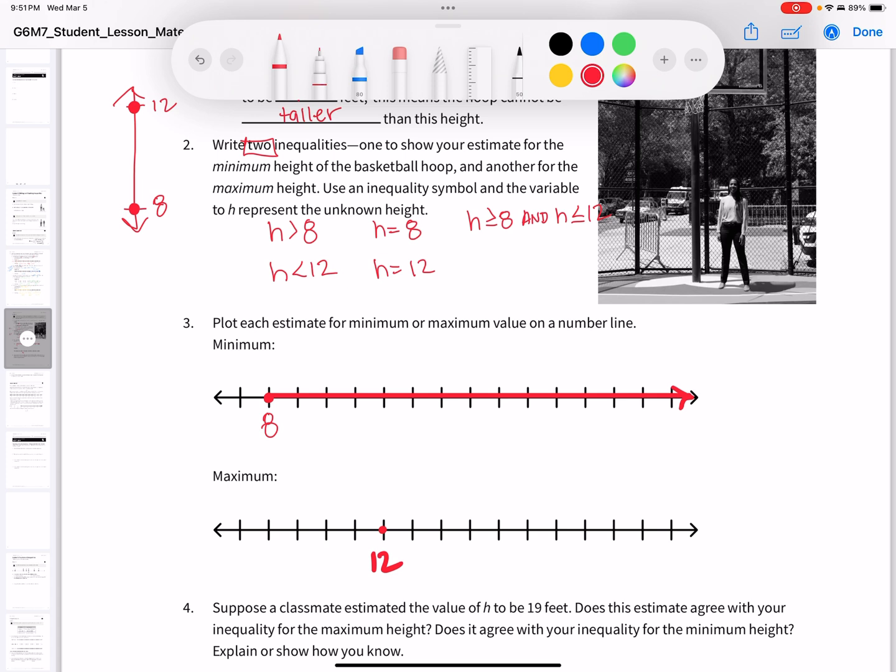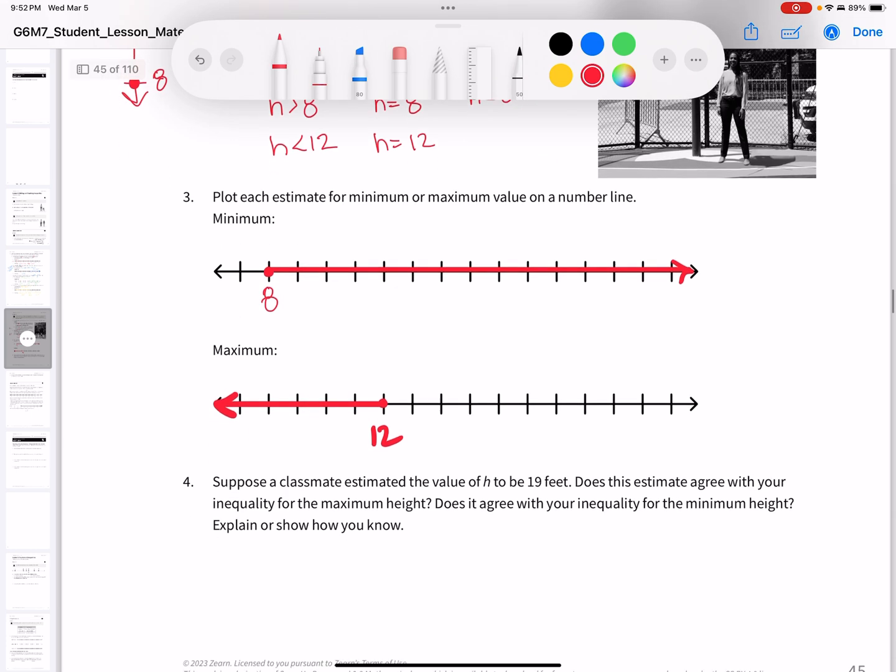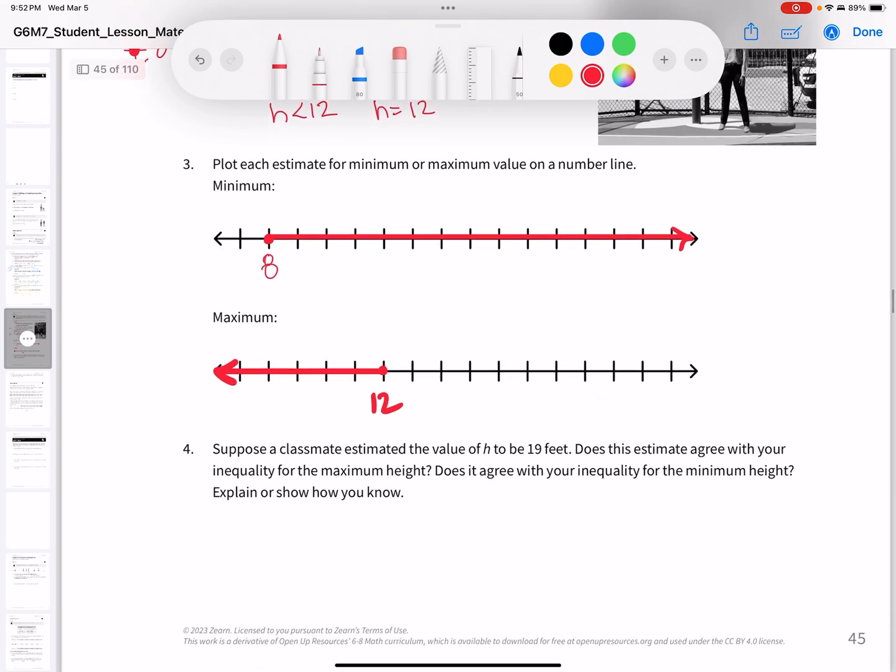And anything lower than 12 would work, right? Because it's below the maximum. So suppose a classmate estimated the value of h to be 19. Well, let's go plot 19. So here is 19. Does this estimate agree with your inequalities for the maximum height?